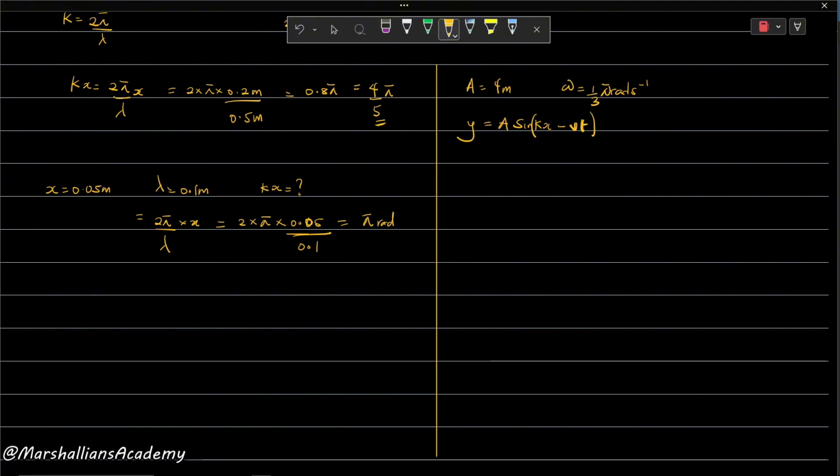Right? Which can also be given in the form of y is equal to a sine 2 pi into brackets x over lambda minus ft, isn't it? But the problem is, where did omega come from?